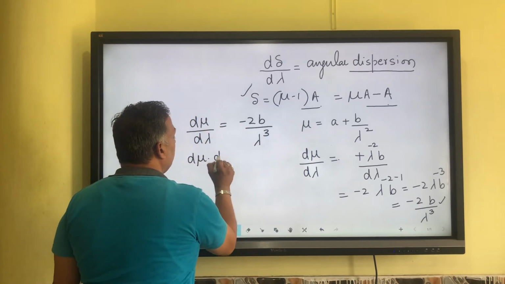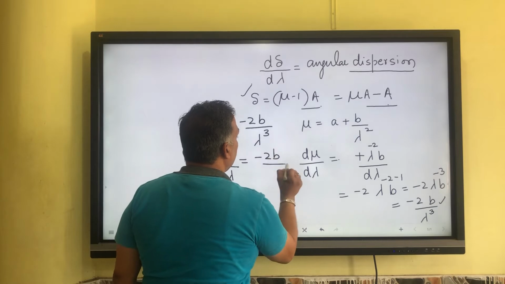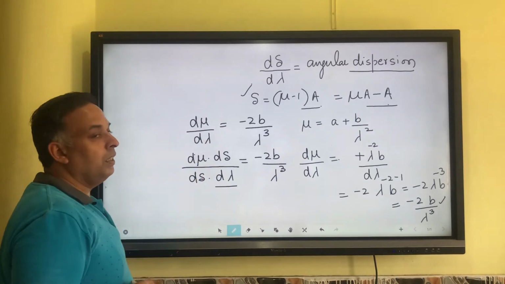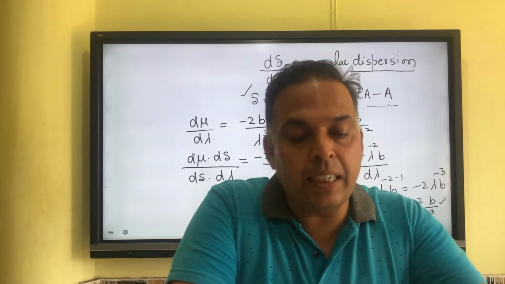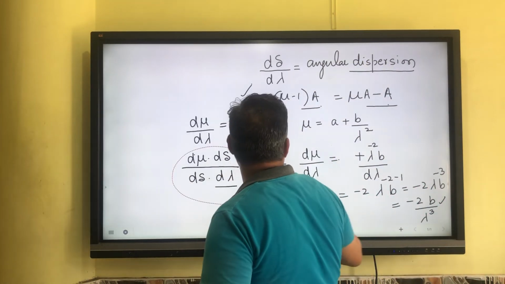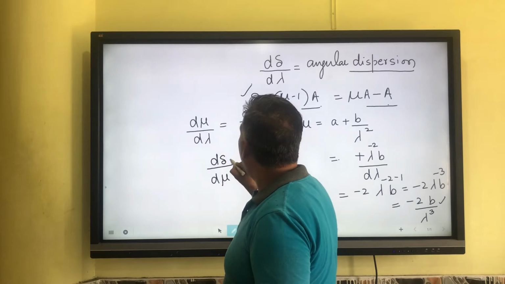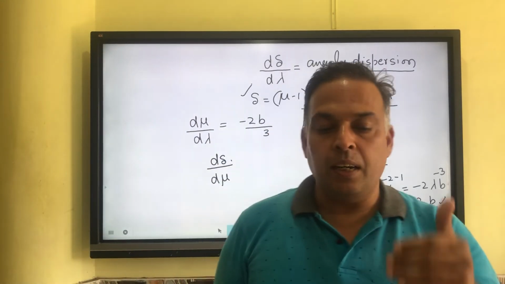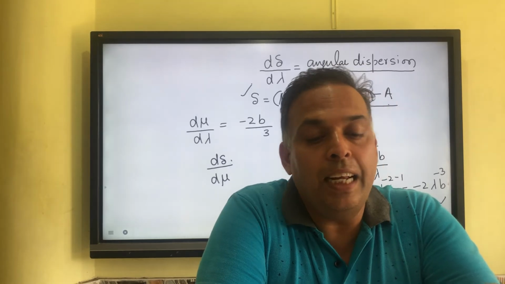Earlier I had this d delta upon d mu. What I do here is multiply by d mu, because in this case this was the value d mu by d lambda, so that we get d delta by d lambda.